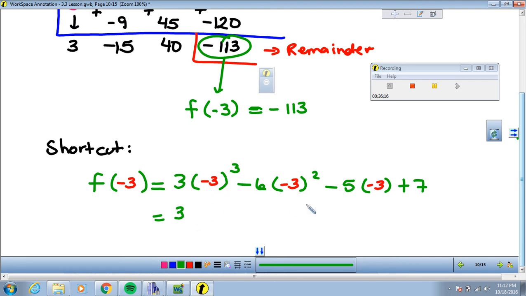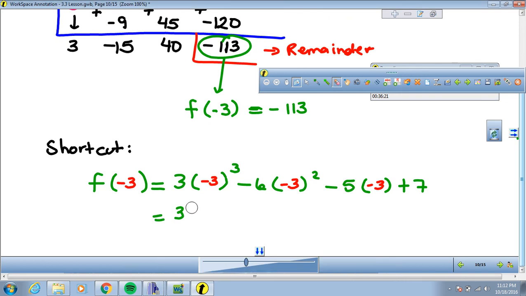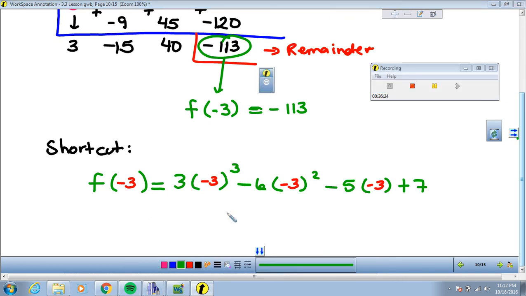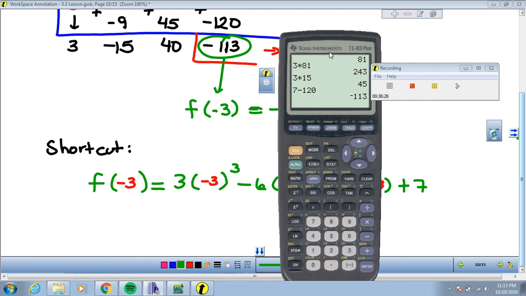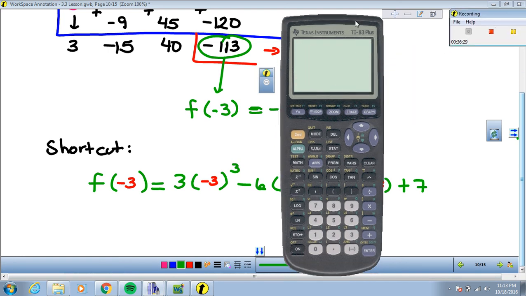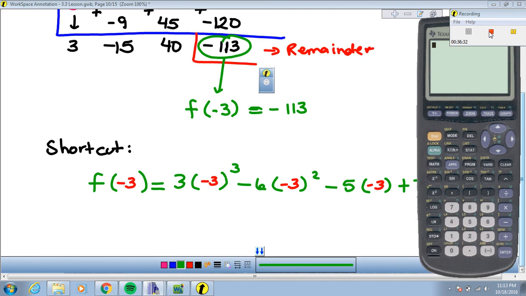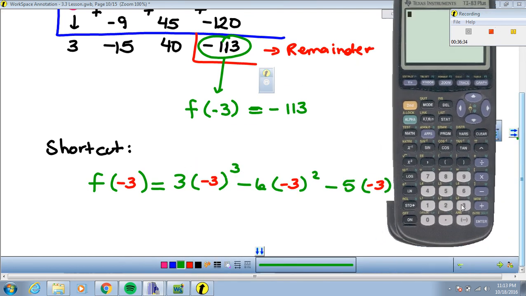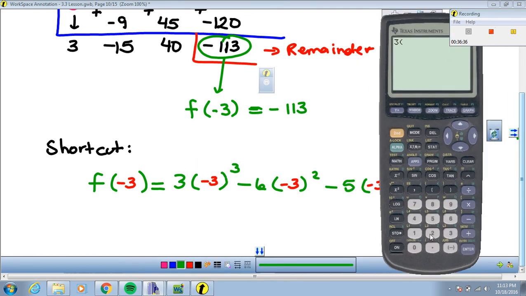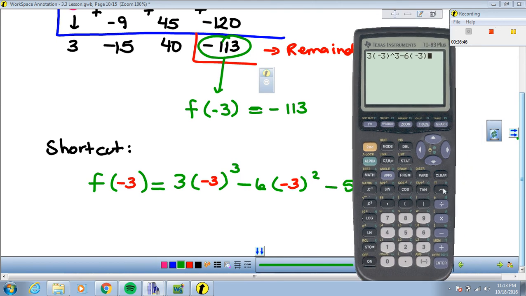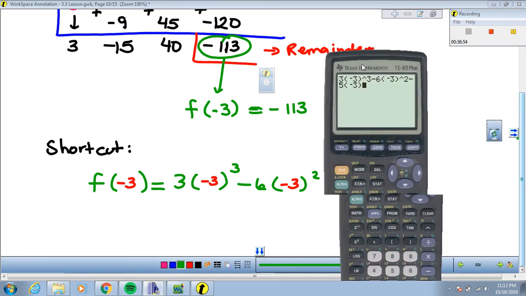Okay, we can do this step by step, but you can use the calculator. There's no need for you to do this by hand. So bring in the calculator, and we just simply put all this in the calculator. So 3 times -3 to the third, minus 6 times -3 to the second power, minus 5 times -3, plus 7.